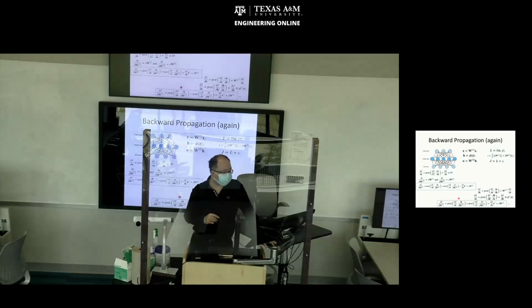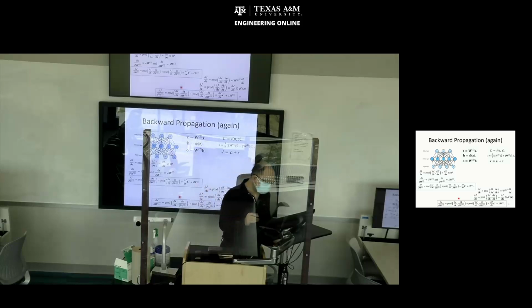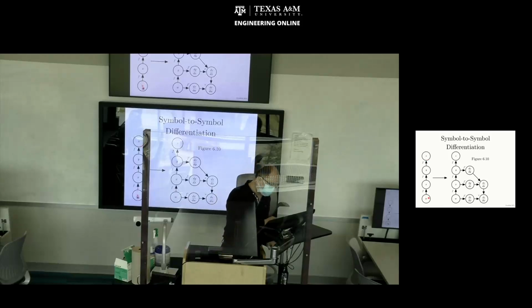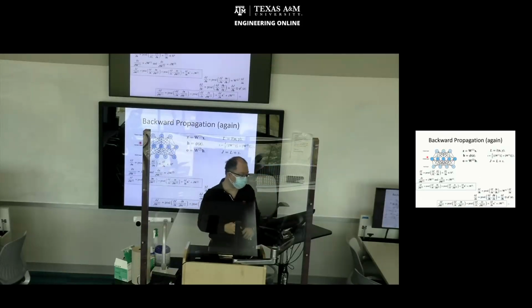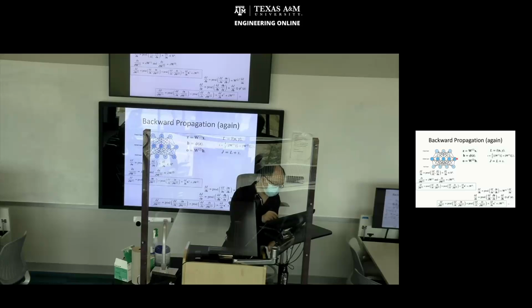So now let's look at back propagation again in this example, with one hidden layer. Previously I used a very abstract example going from W to X to Y to Z, but now let's look at a very specific neural network where we have one hidden layer.